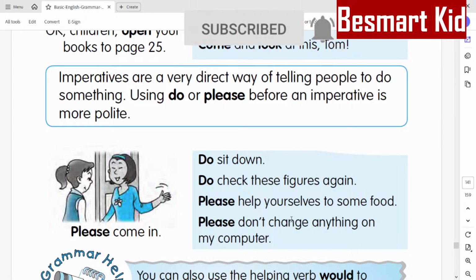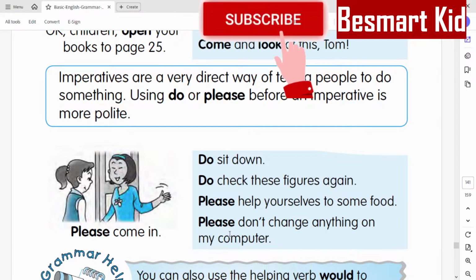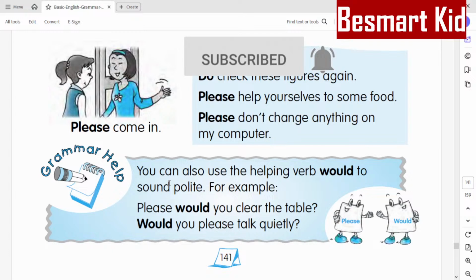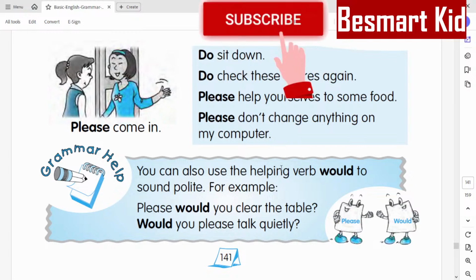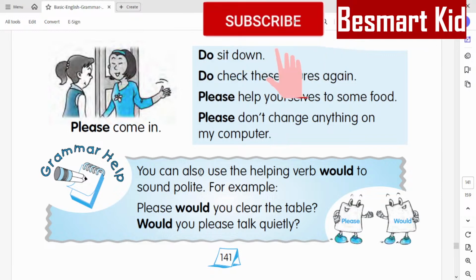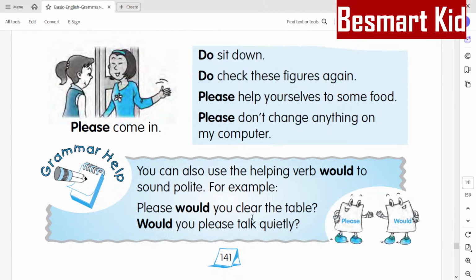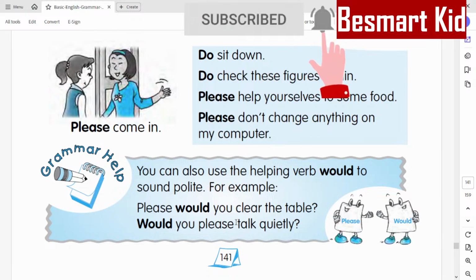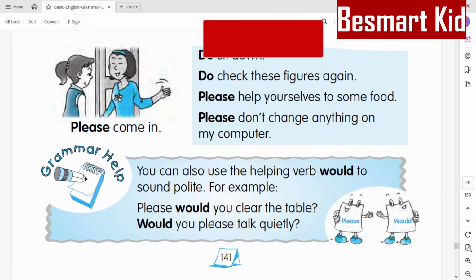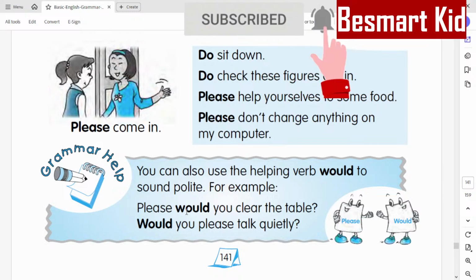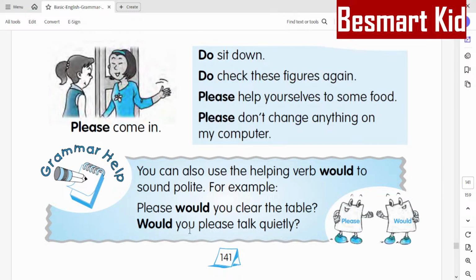Please don't change anything on my computer. You can also use the helping verb would to sound polite. For example, please, would you clear the table? Would you please talk quietly? So, you can put would after please or before the please.